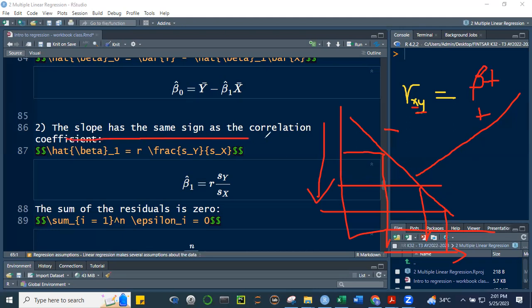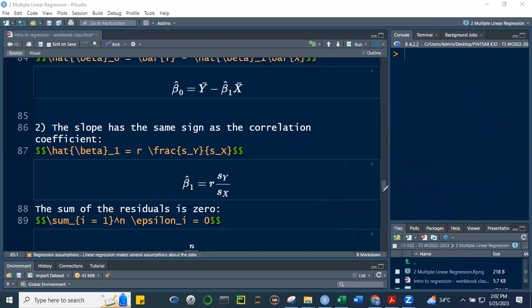The slope has the same sign as the correlation coefficient. Negative correlation, ibig sabihin, they move in opposite directions. Therefore, yung beta natin will also be negative. Kung correlation is positive, then beta should be positive. All right, so clear ulit natin.